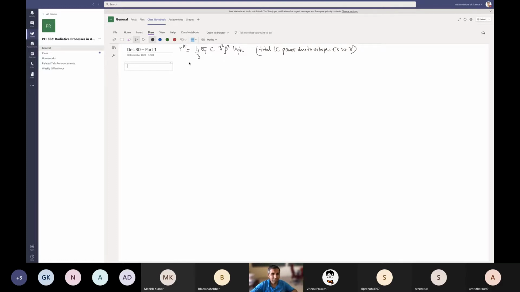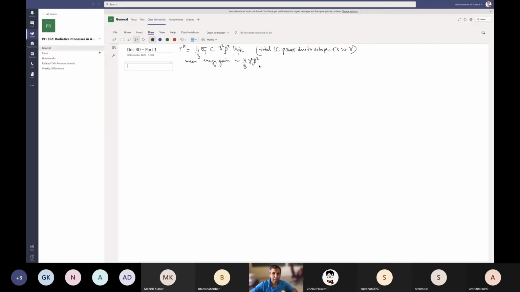So the mean energy gain is like 4/3 gamma squared beta squared, and the mean energy density is just U_ph, sigma_T c, or the flux.